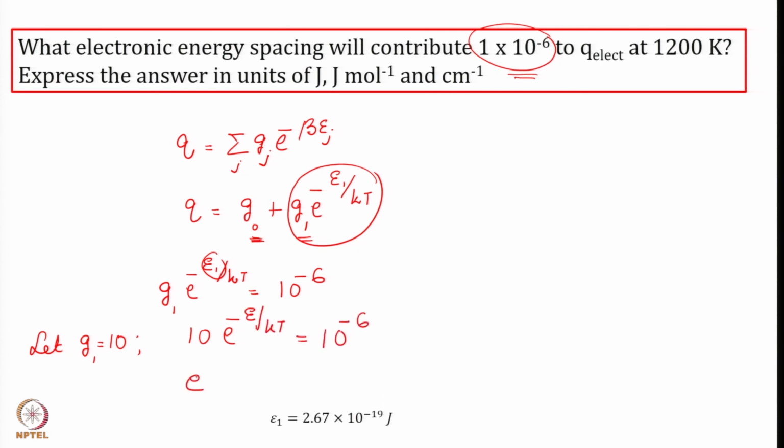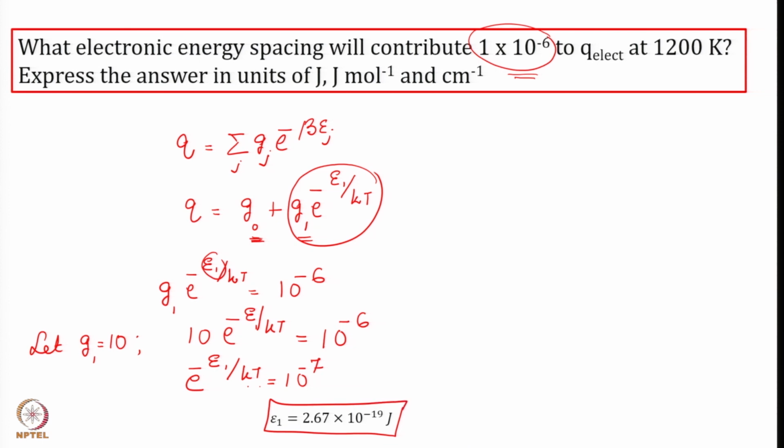That means exponential minus E1 upon kT is equal to 10 raised to the power minus 7. We know the value of the Boltzmann constant, temperature is given as 1200 Kelvin, and we can get the value of E1, which turns out to be 2.67 into 10 raised to the power minus 19.